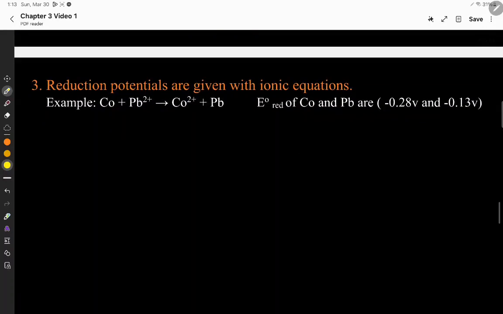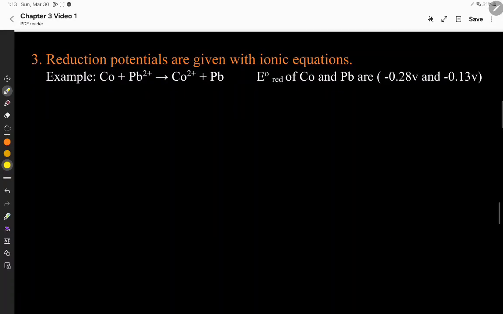Let's see other types of questions. It gives you the reduction potentials with ionic equations, and now these questions are going to be easy. We can determine from the equation, we have the complete equation: cobalt plus lead positive to cobalt positive plus lead. Now cobalt is oxidized, and lead is reduced.